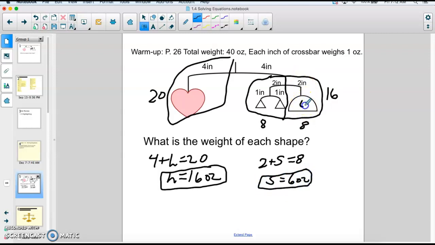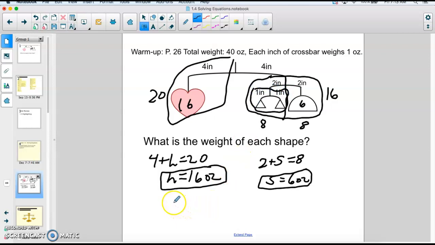Okay, so we got this one, 6, 16. Now on this side, if we want to split it again, we know the total has to be 8, and then you have the 2-inch crossbar, and so this part has to be 6. Right?